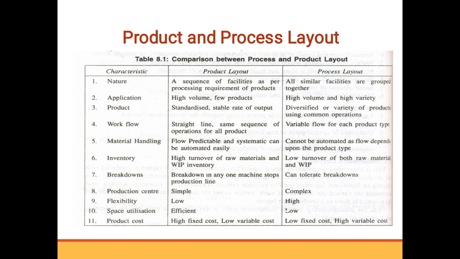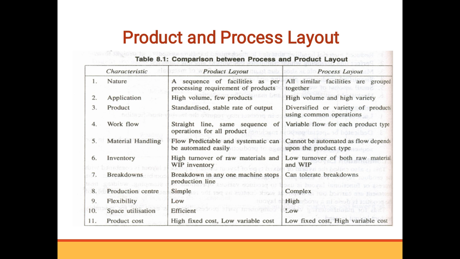If we consider the inventory, work in process inventory is low, and also turnover of raw materials is high in product layout, whereas work in process inventory is high in case of process layout. If we consider the breakdowns, breakdown in any one machine stops the production line.